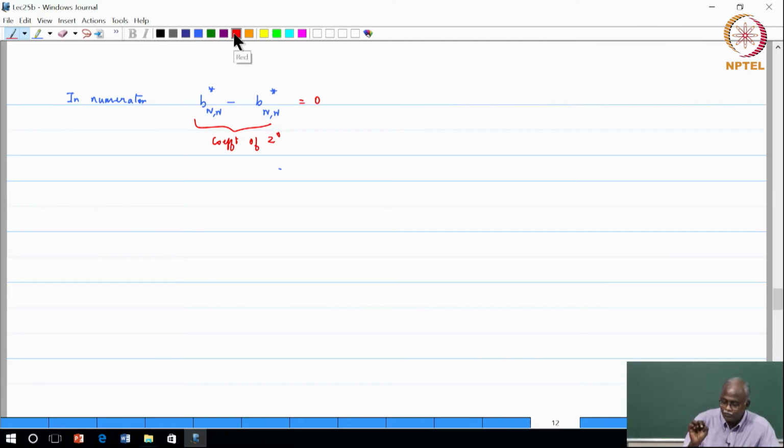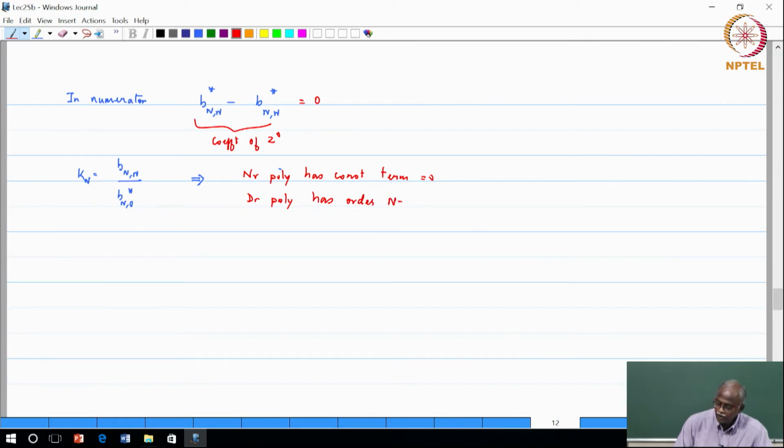Okay. So the choice that we have made, choice of Kn equal to minus Bn comma n divided by Bn comma 0 conjugate, within the structure and the framework that we have been working with, guarantees the following: the numerator polynomial has constant term equal to 0, and the denominator polynomial has order n minus 1.